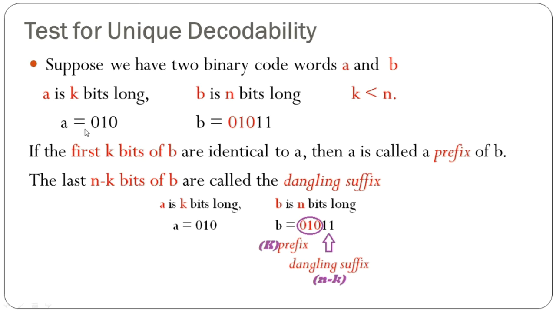A is coded as 010, whereas B is coded as 01011.